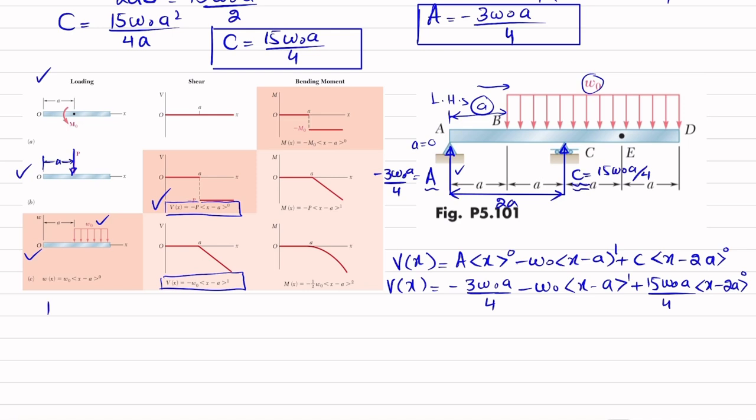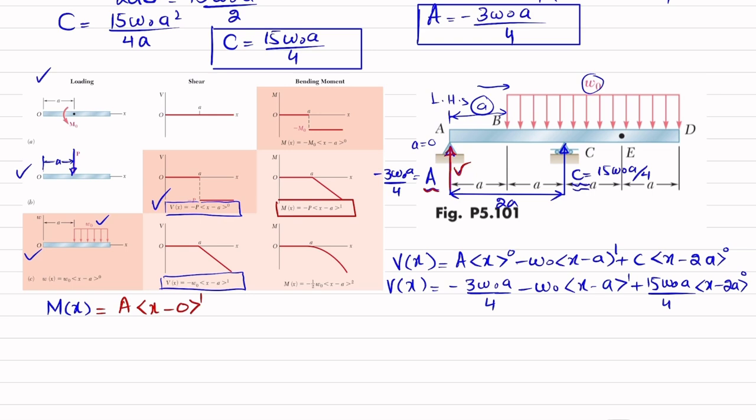Now we'll find the bending moment equation, and for that we will again start from point A. So you can see this is point A having a point load. For a point load, the bending moment equation is this one. For a downward load, but here the load is upward, so I will write plus A into X minus 0 to the power 1.